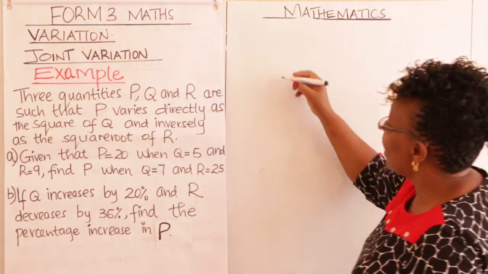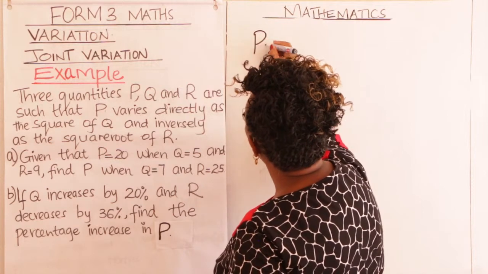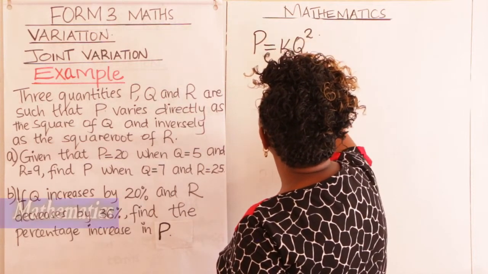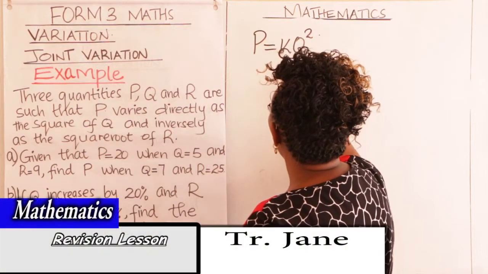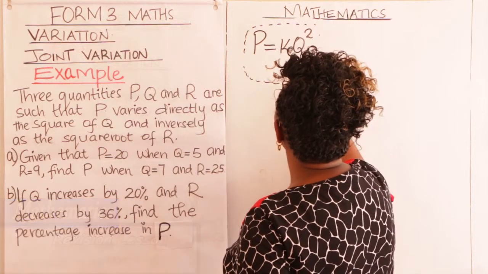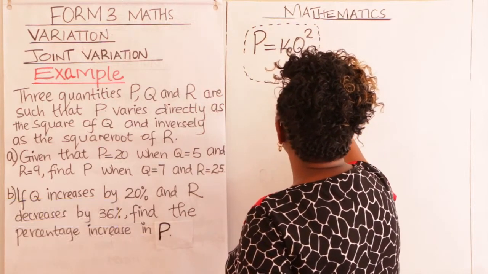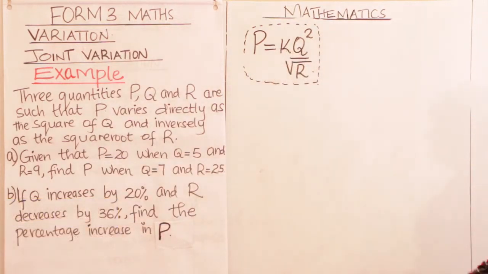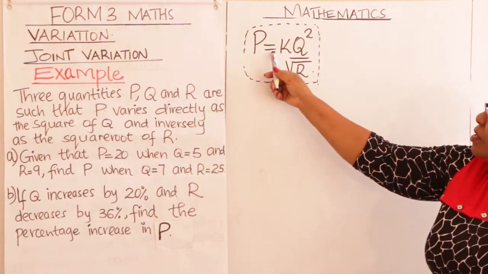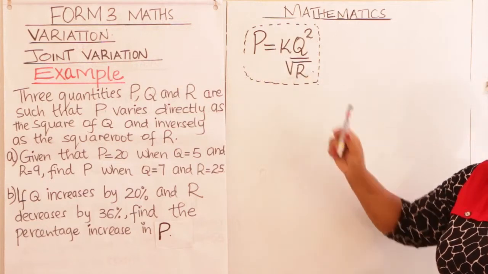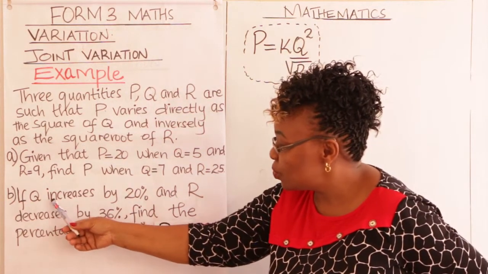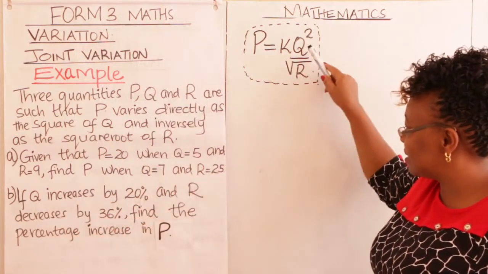Learner, we had the equation P is equal to K Q squared over square root of R. We had it in part A. There. We start from there. You had this relationship. P is equal to K Q squared over square root of R. Now, you are told that Q increases by 20%.